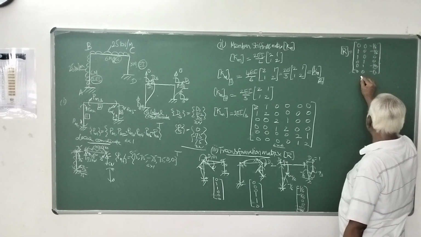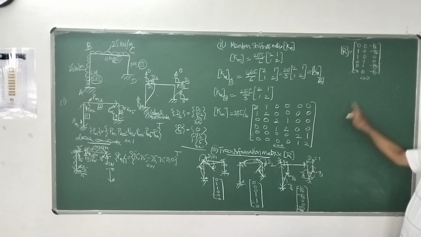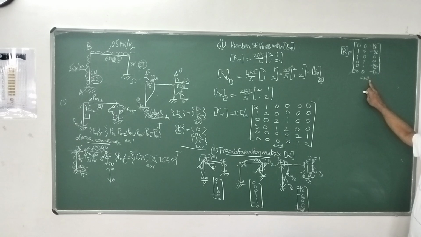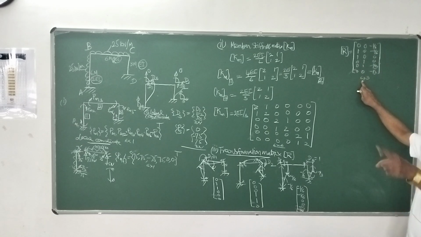So it is a 6 by 3 matrix. 3 corresponding to 3 global coordinates, whatever displacements, that is 6 in the local coordinates.